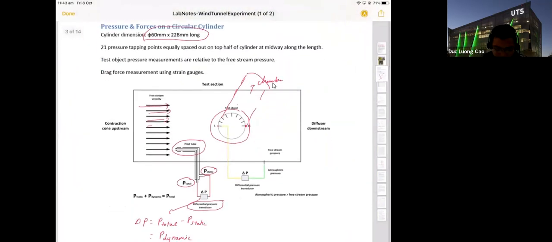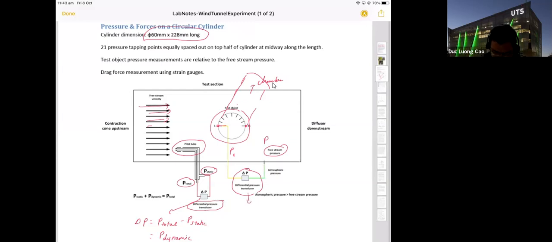From one hole, you see the yellow line here. We have another differential pressure transducer with one signal from the hole, which gives P1, the pressure inside hole 1. The other is the free stream pressure, the pressure P inside this chamber.